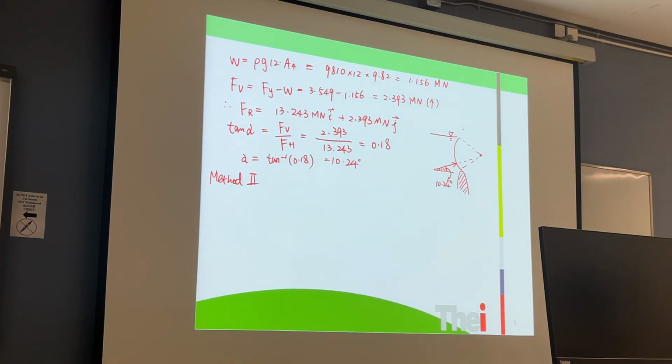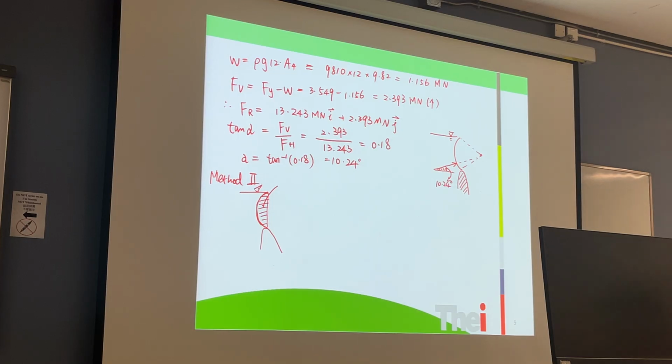Okay. Method two, we may consider that the horizontal force is the same, but for the vertical force, the void volume has been replaced by air.